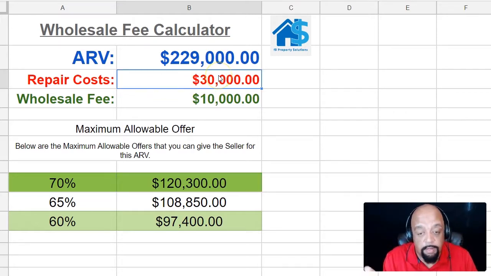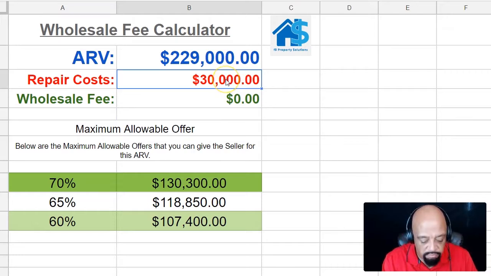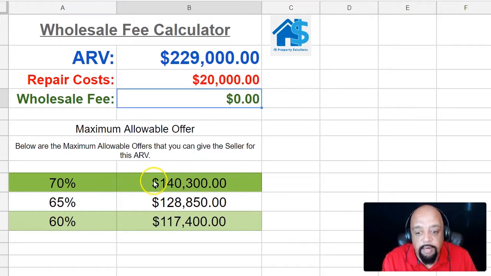So they may say the repair cost for me is only 20,000, and they may purchase at an additional $5,000 increment. So instead of 130,000, they might buy it at 140,000. So that's even more profit for you.